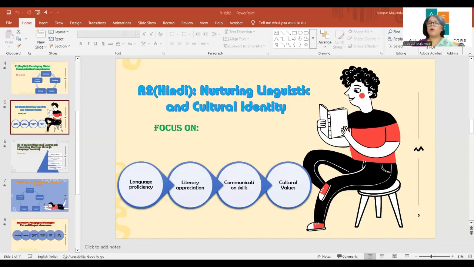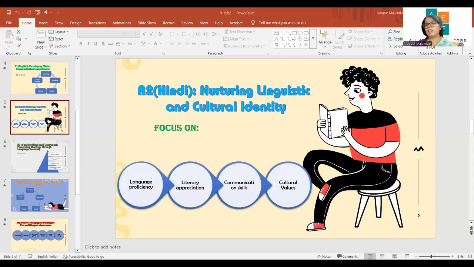After reading a poem on nature, right, प्रकृति पर पढ़ रहे हैं, है ना? How can we protect nature in our neighbourhood? मैं हिंदी में इसलिए बोल रही हूँ ताकि अगर हिंदी के अध्यापक इसमें हों तो उनको क्लियर हो जाए. This connects literature with responsible citizenship.